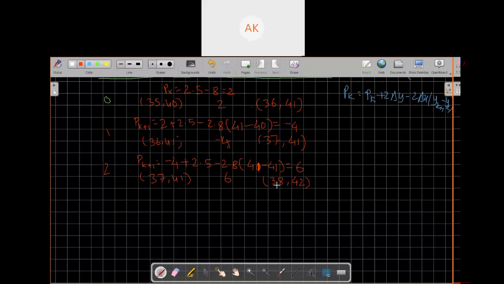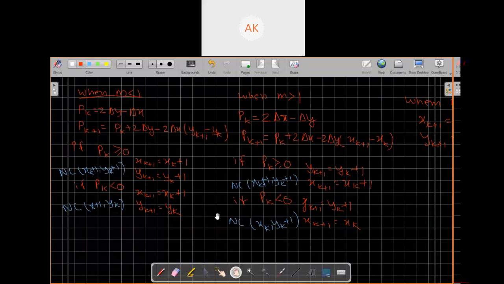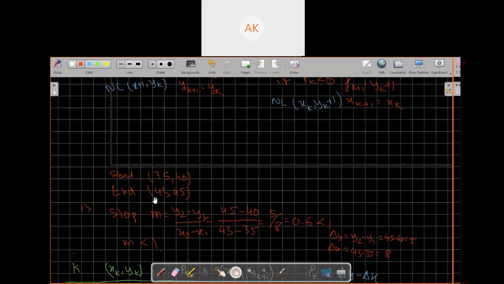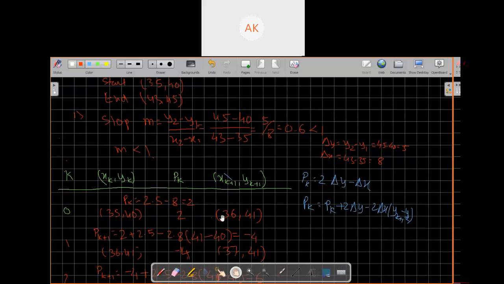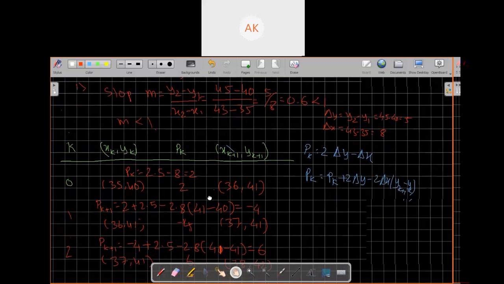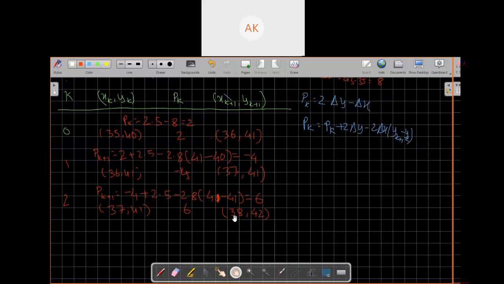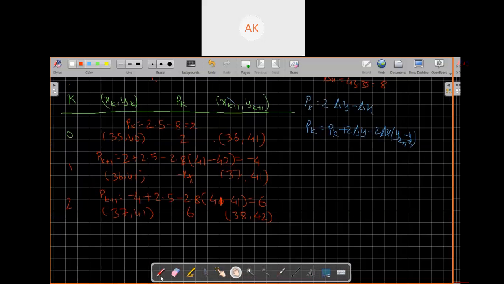We will calculate these points till we reach our end point. What is your end point? Your end point is 43, 45. So you have to calculate till 43, 45. You have calculated 38, 42.